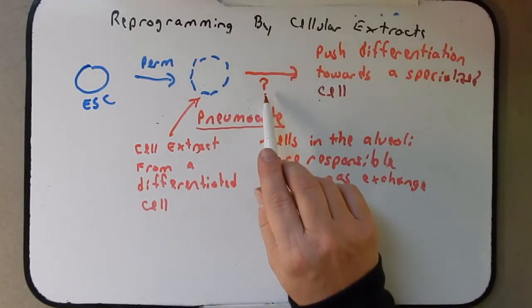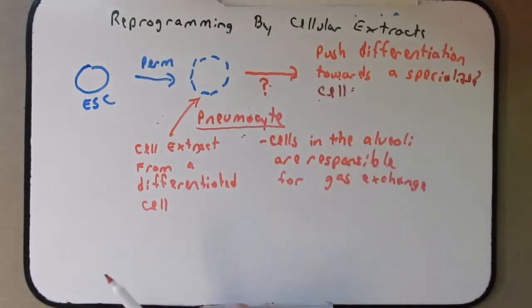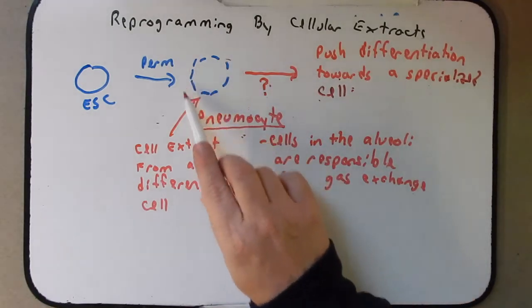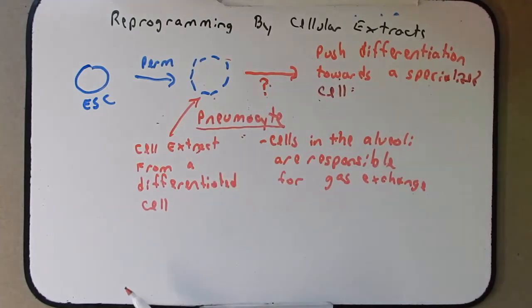And it allows us to determine which factors from the pneumocyte are necessary to create the specialized cell, the pneumocyte in this case. Knowing those factors may at some point allow us to, with more specificity, cause this embryonic stem cell to differentiate into cells of a specific pathway.